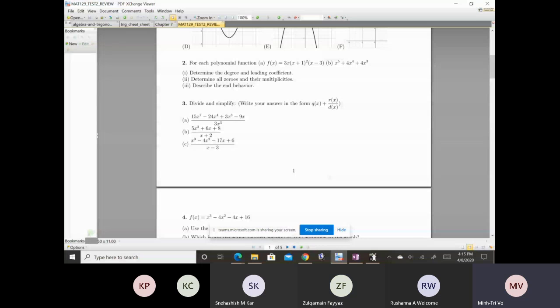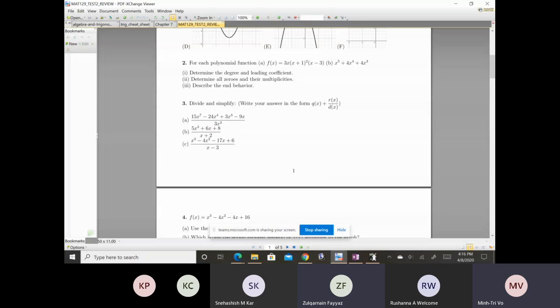For example, for B and C, you can use synthetic division, because it's x plus or minus some number in the denominator. Whereas for A, you won't be able to do synthetic division at all, but we can divide 3 by everything. You can just distribute the thing on the bottom into each thing on the top.